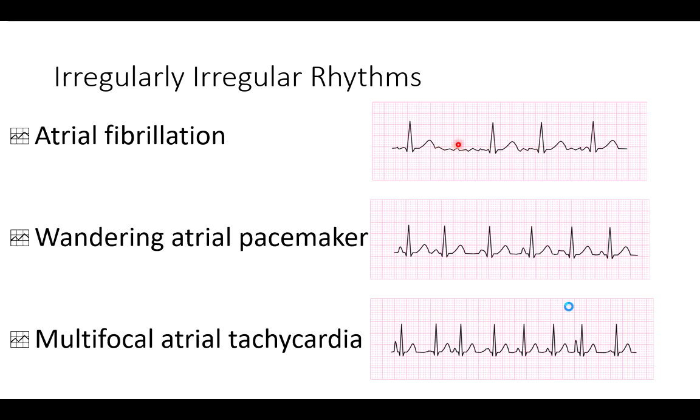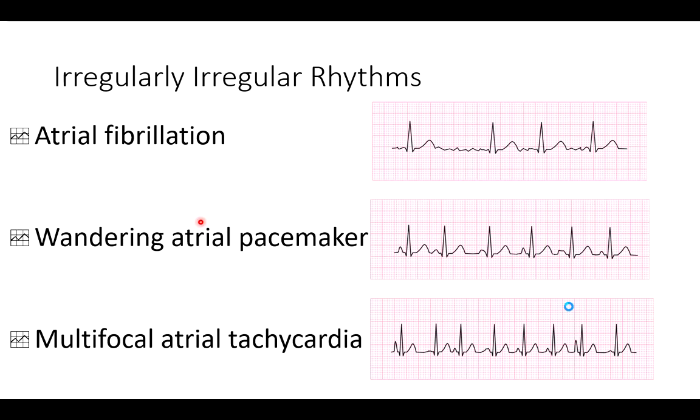Do you see a bunch of bumps here? All of these P waves are occurring. There's a P wave, a P wave, a P wave, a P wave, a P wave, then a P wave and a QRS. A P wave, a P wave, a P wave, then a P wave and a QRS. We're in atrial fibrillation. The atria is contracting, contracting, contracting, and then the signal is making its way to the ventricles.